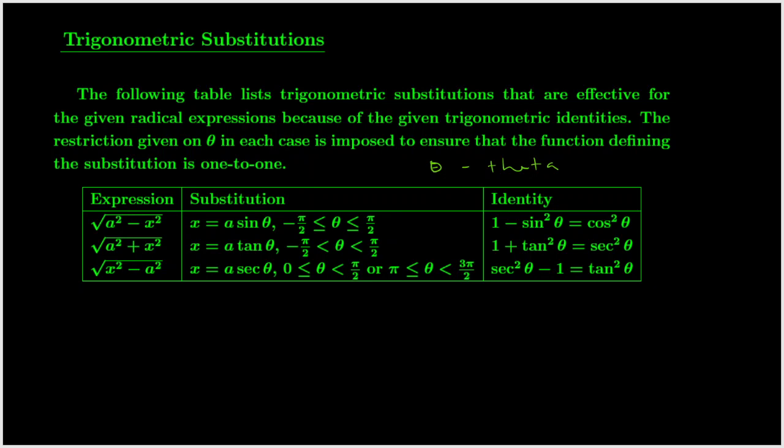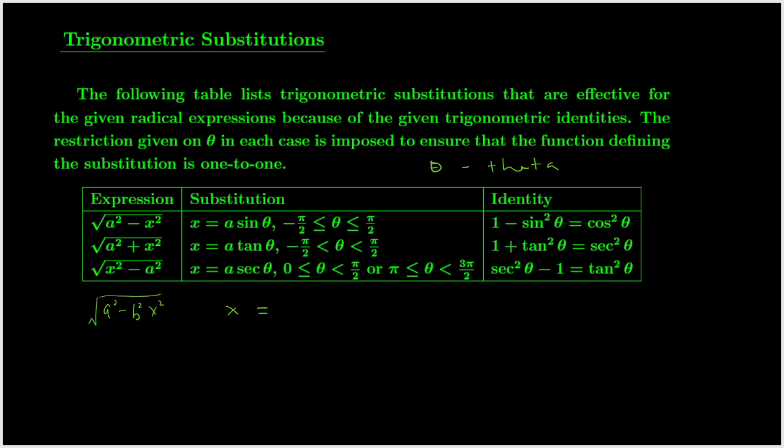Very similar to the first case. If you have a radical like a squared minus b squared times x squared, we use a trig substitution to get rid of the radical.